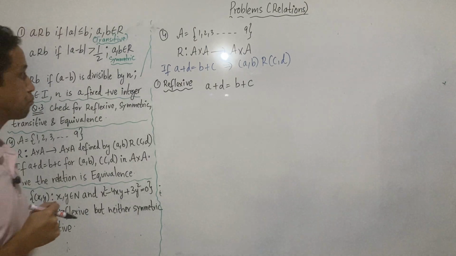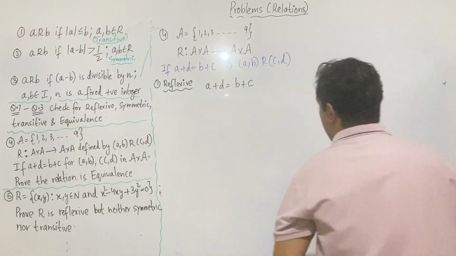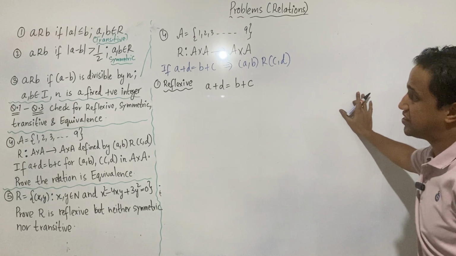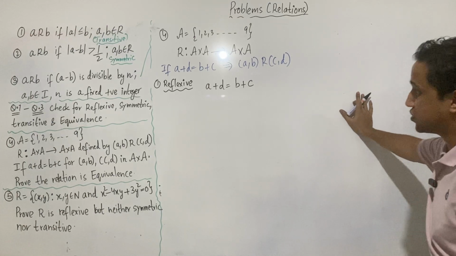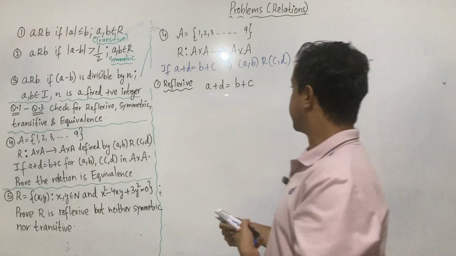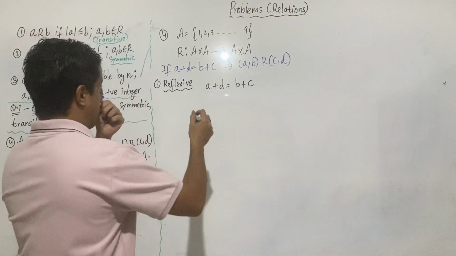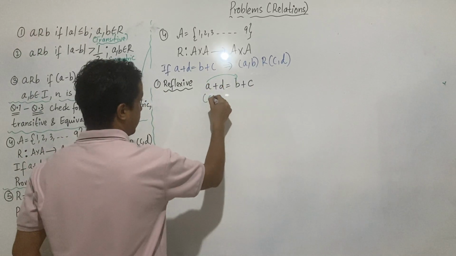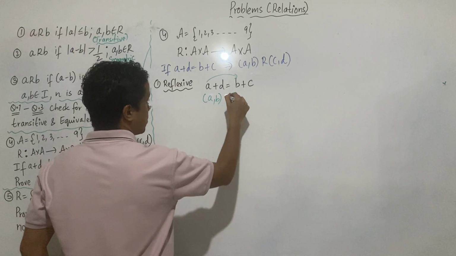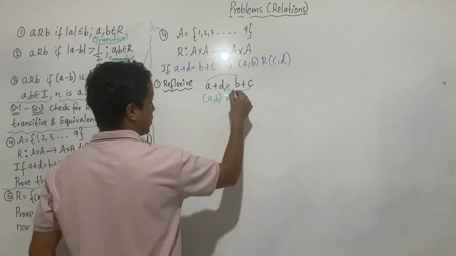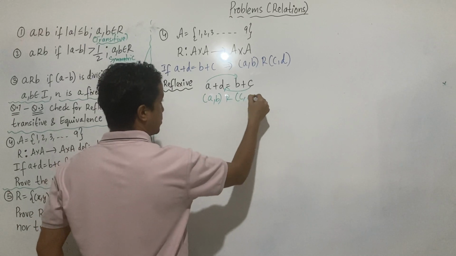And if A plus D is equal to B plus C, then see here, what does it mean? It means that your AB is related to CD.